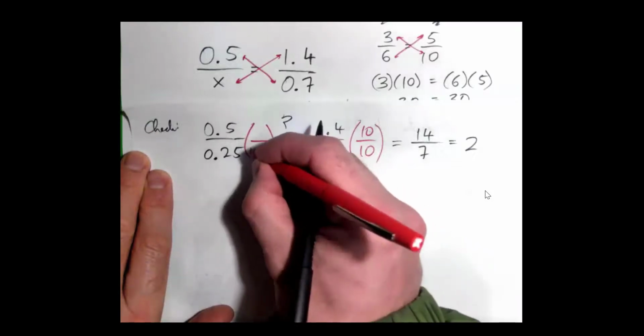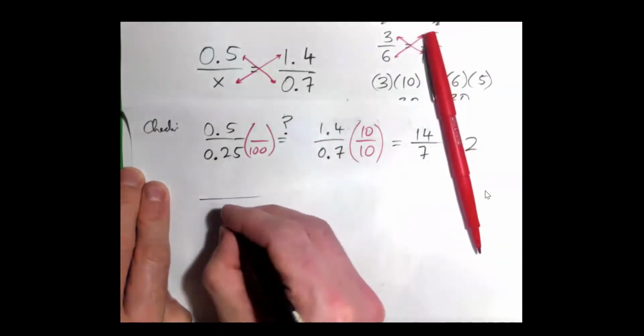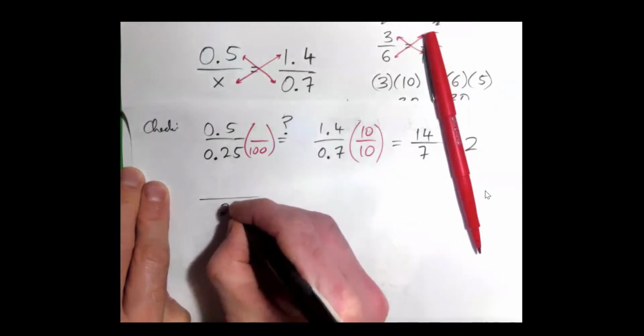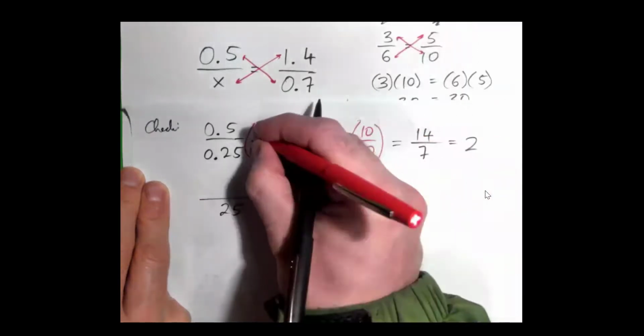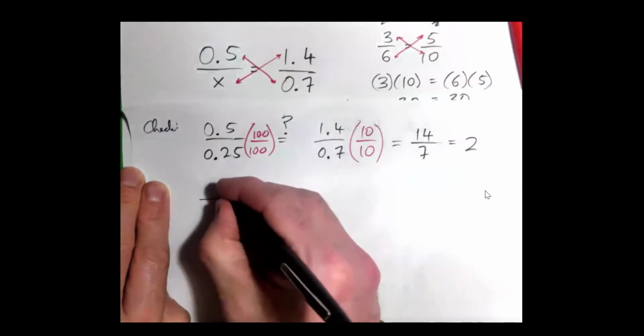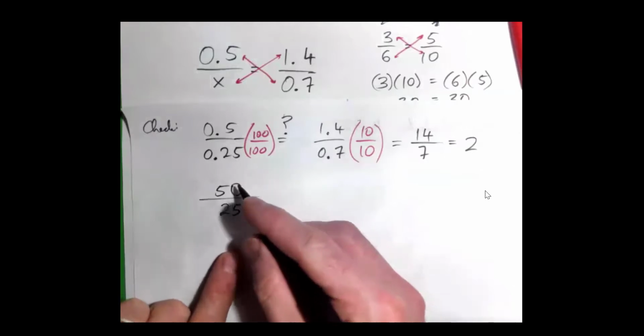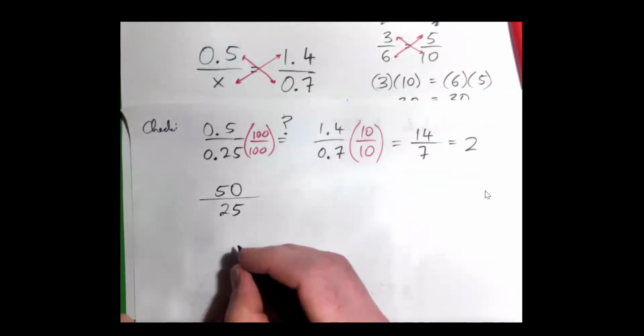Good. So to make this side more manageable, what could we multiply it by? 100. Because 0.25 times 100 is 25. And 0.5 times 100 is 50. Now what do we have? 50 over 25, which is?